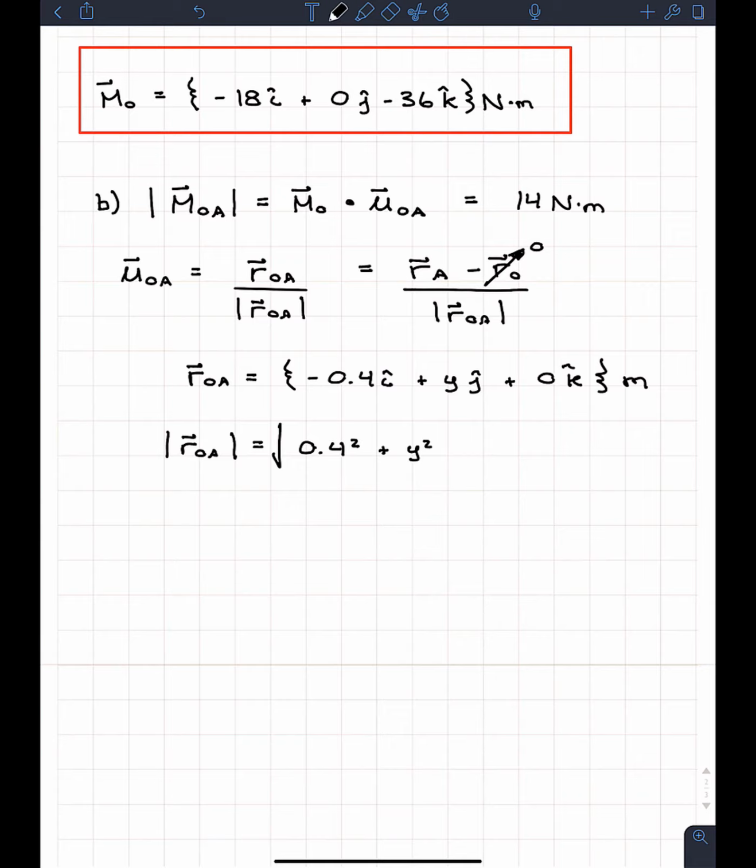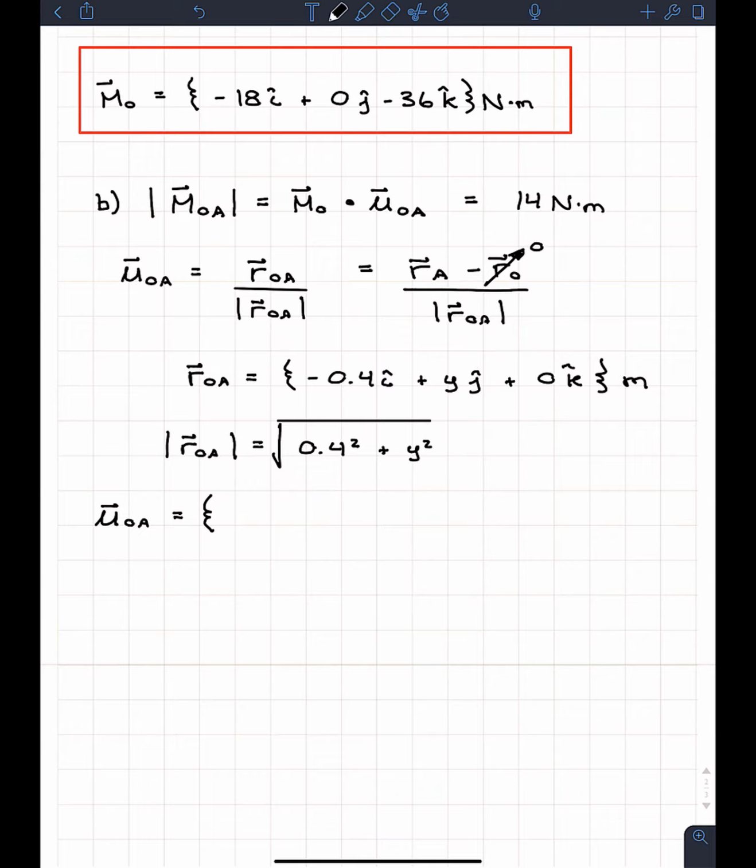That didn't turn out so well, so let's try that again. Perfect. And we can't really simplify that any further, so we're going to leave it like that, and what we're going to do is we're going to say that UOA is going to be equal to, we're going to put the brackets here, and then we're just going to divide each component by that factor.